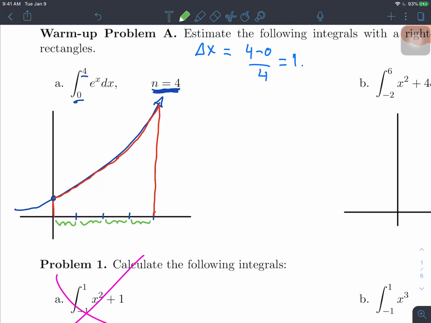So here I go drawing. I'm just going to pick that height there on the right side of this first interval, and that's going to be the height of my first rectangle. And so on and so forth. I'm just going to choose the height of the next rectangle to be the height of the function on the right side of the interval. And I'm going to keep doing that.